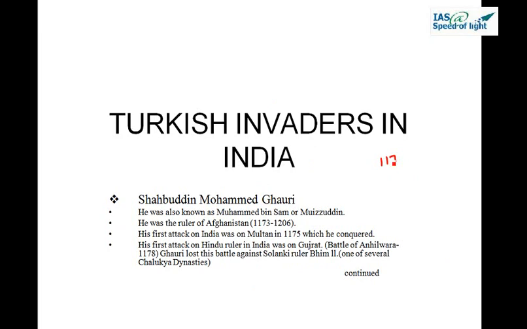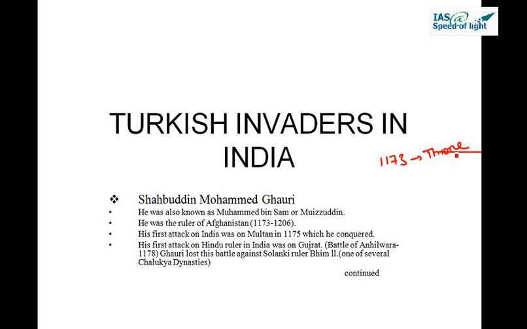So 1173 he ascended the throne. But soon after ascending the throne, he realized that he could not gain anything in Central Asia, and this forced Ghori to turn towards India to fulfill his expansionist ambitions.